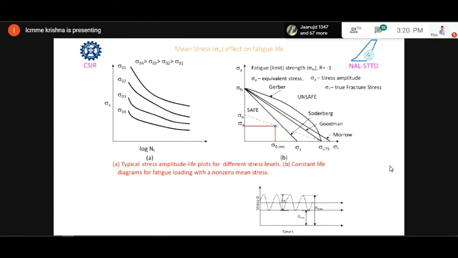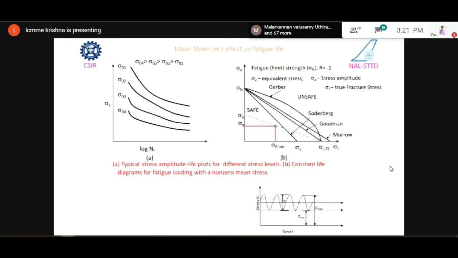These are the four models where the fatigue limit strength sigma Fs relates to the Morrow, the ultimate strength refers to the Goodman, and the yield stress refers to the Soderberg. So these are the three of them. When the amplitude of stress is within the curves, it is within the safe region. Once it falls outside, it goes into the unsafe region.